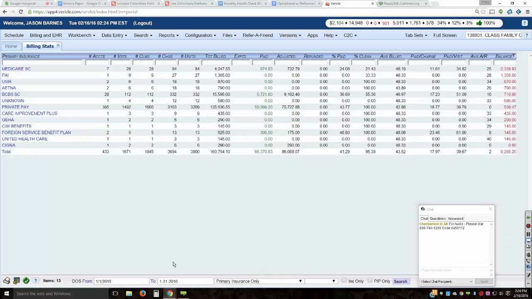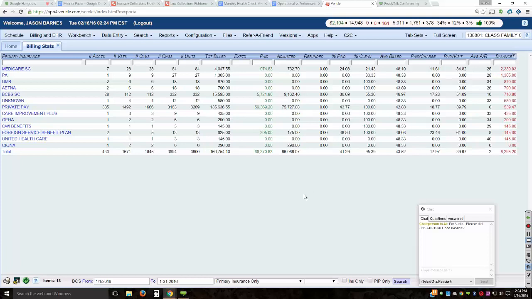You'll see that there were $160,000 billed out and only $66,000 actually collected so far, leaving a balance of $8,300. If you were to run the report based on what was actually collected this month, you'll see a very, very different number, because these particular dates of service for the month of January are only associated with services rendered within that date range.